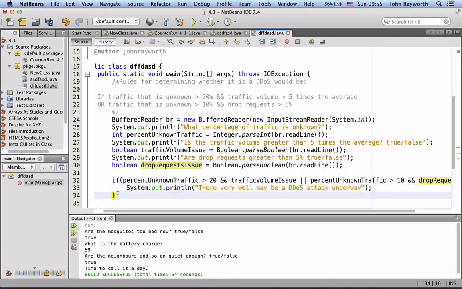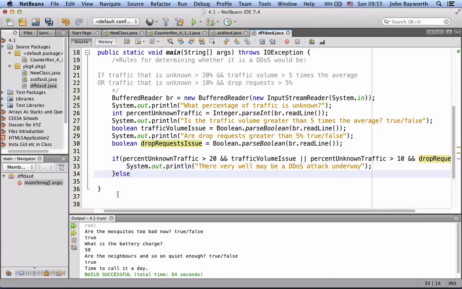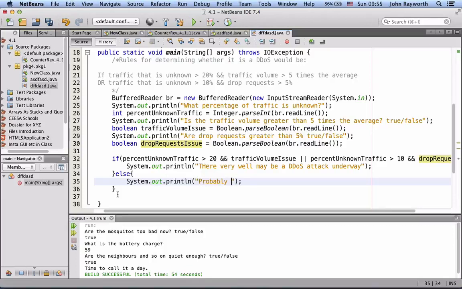And for our else, we'll just say: probably not a DDoS underway. A real world situation written up in code.